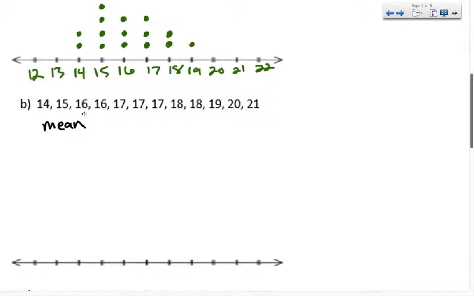We have a total of 1, 2, 3, 4, 5, 6, 7, 8, 9, 10, 11, 12 numbers. And I got an approximation of 17.3 repeating for my mean. I did just calculate that really quickly. You gotta love technology.